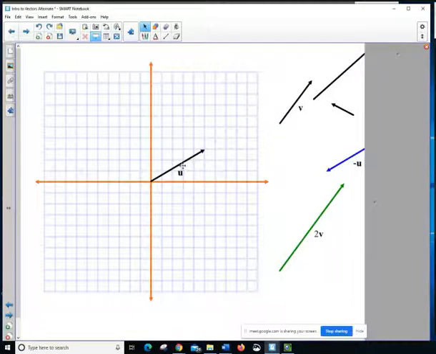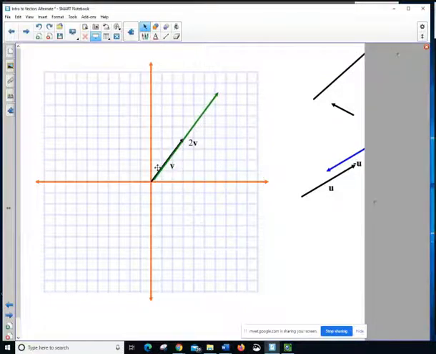If I want to do scalar multiplication, if I want to take vector v and multiply it by 2, you can think of it as an addition, adding v to v. So in other words, if you're adding the individual components, you're just doing 2 times the x component and 2 times the y component. All right?